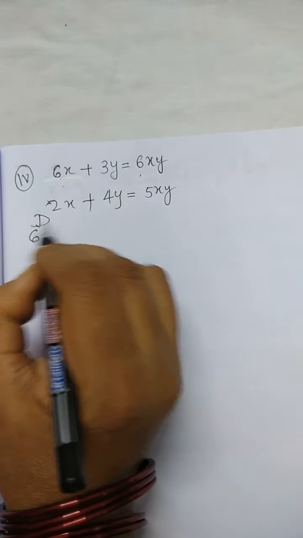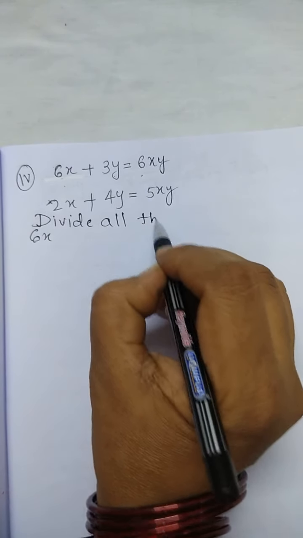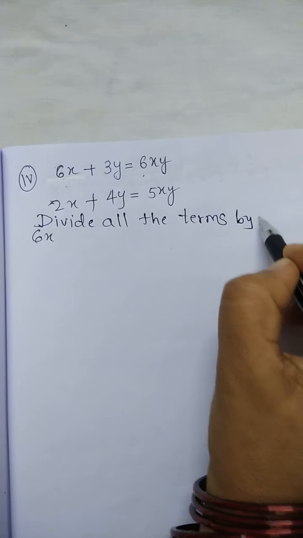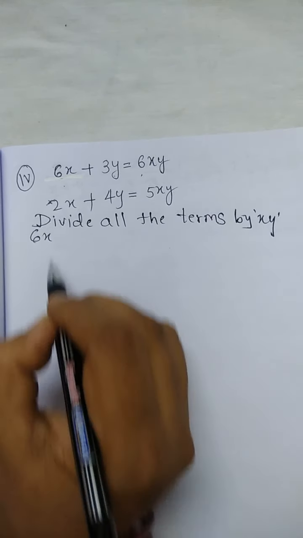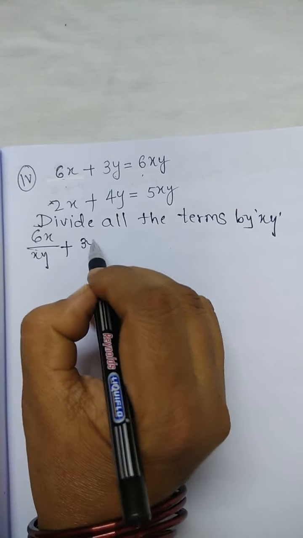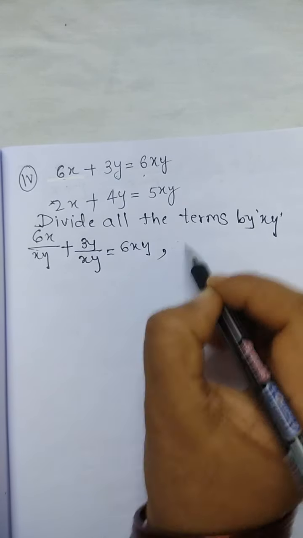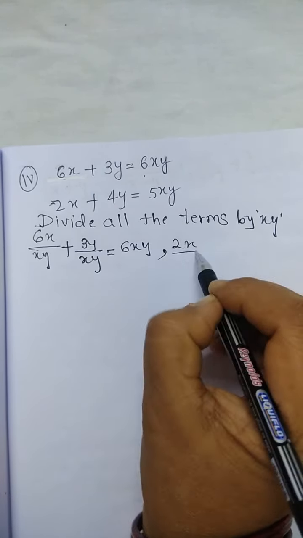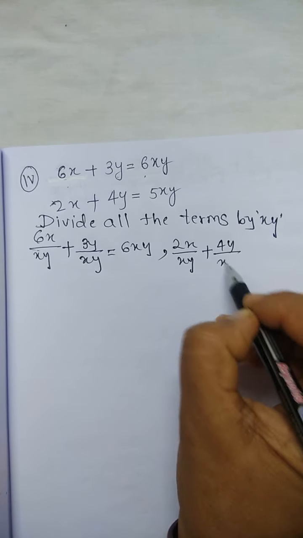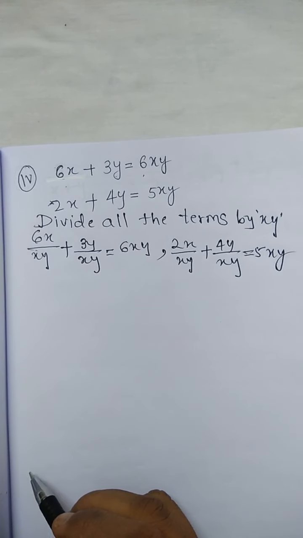6x, write down. Divide all the terms by xy. So 6x upon xy plus 3y upon xy equals 6xy. 2x upon xy plus 4y upon xy equals 5xy.